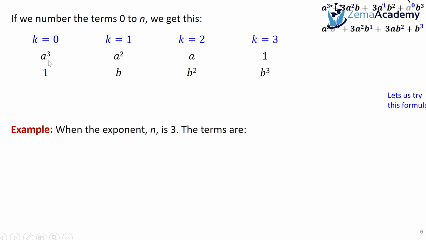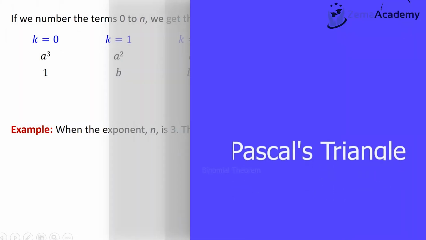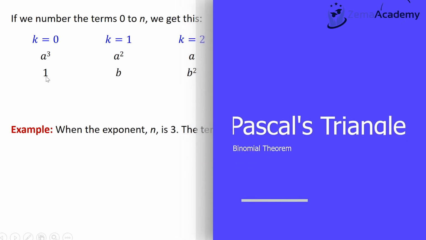So the first line is representing the first term, and the next line below it is representing the second term of the binomial. If you look at the first term of the binomial that I have just explained, a plus b whole cube.